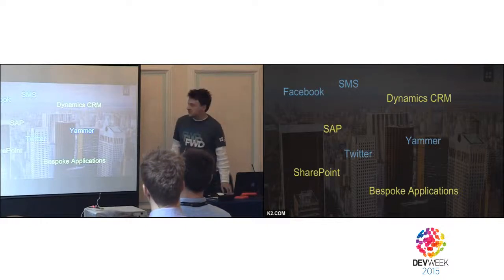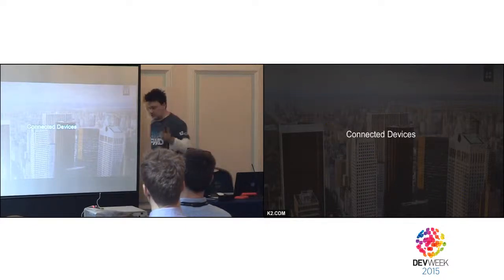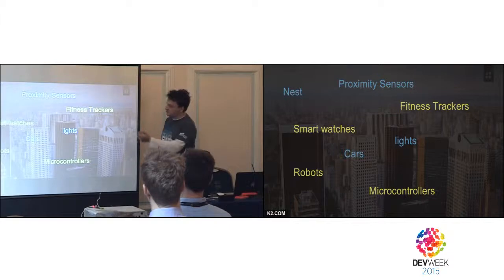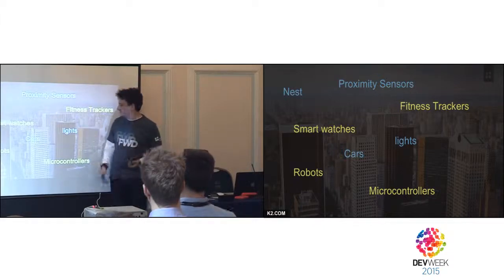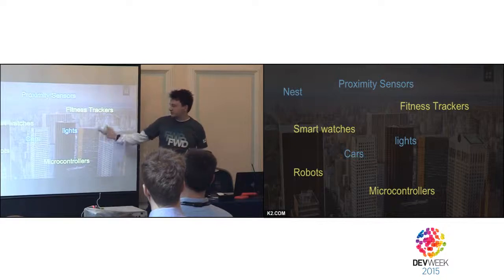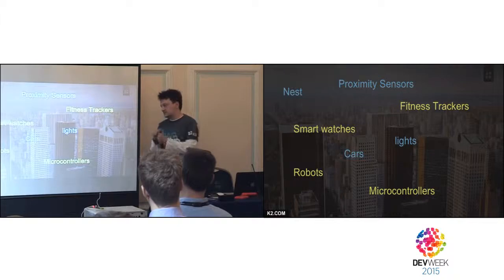But that is also changing now, because of this whole idea of connected devices. And by that I mean things like fitness trackers, proximity sensors, smartwatches, even cars, robots, microcontrollers and lights. These tangible objects are now becoming connected to the internet, and then we can access them via phones, tablets and smartphones.